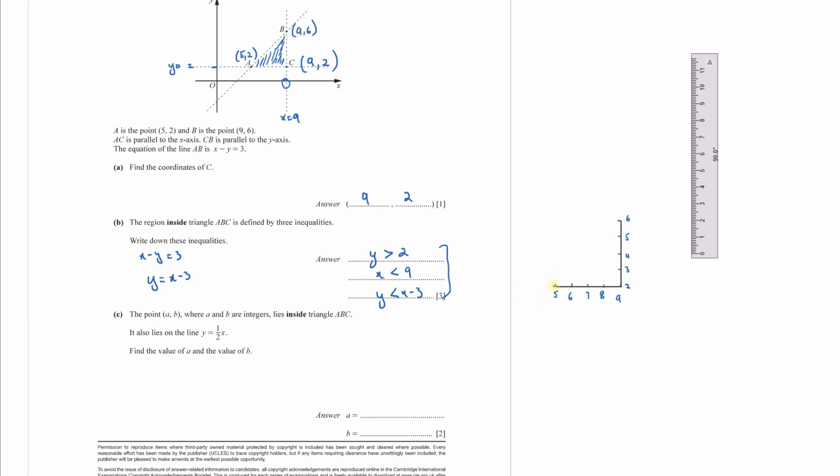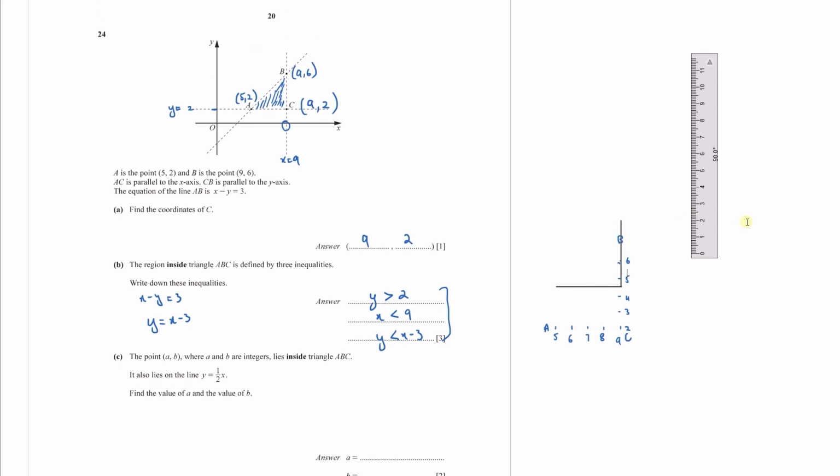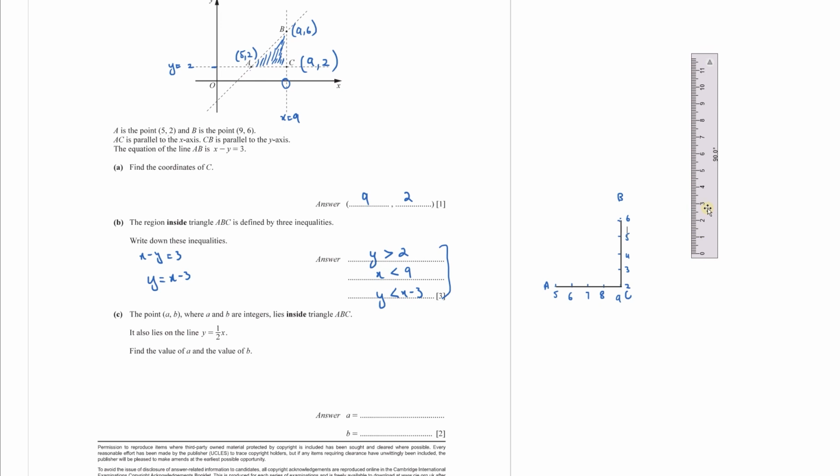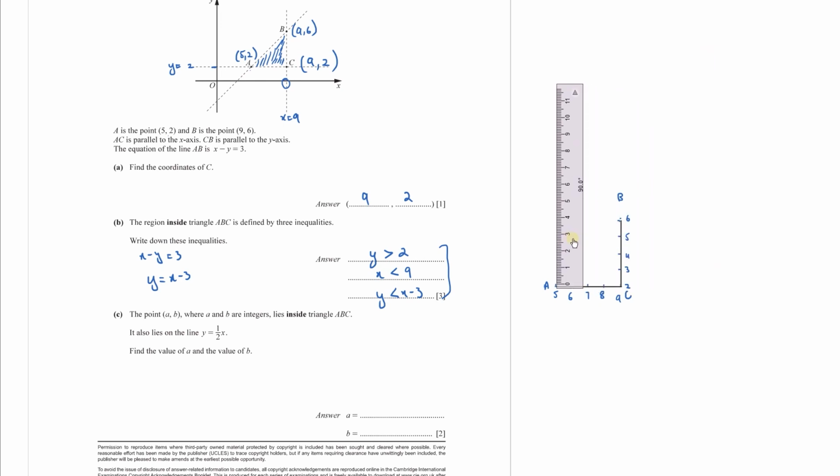So this point here is A, which is right here. This point here is C, and this point up here is B. So my line AB is represented by this.